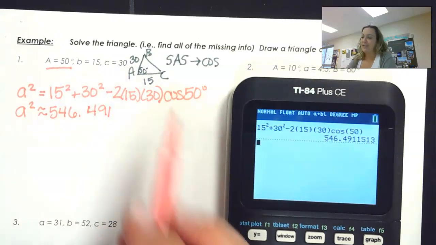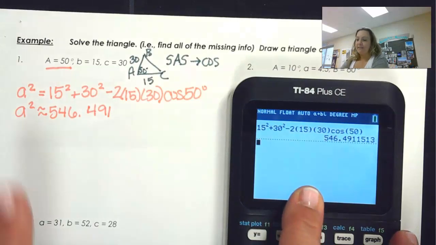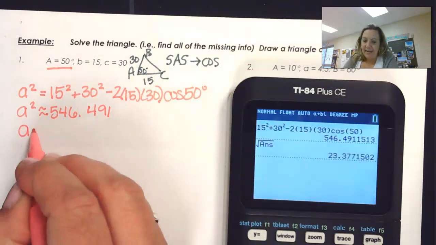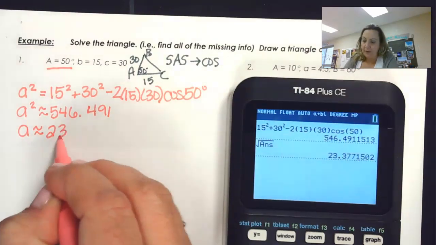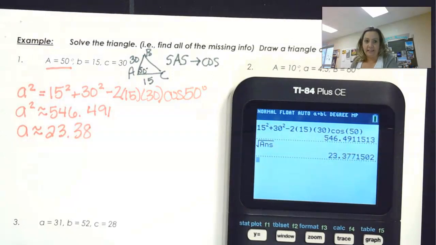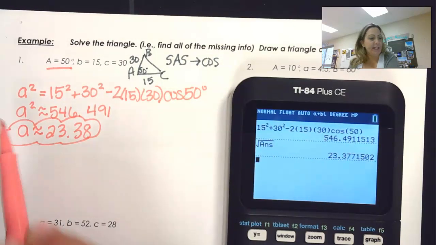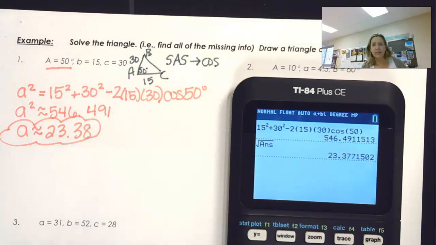I'm going to use the number that's in the calculator to find a, and I'm going to need to take the square root of that particular answer. And I find that a is going to be 23.38. I guess I'm rounding these to the nearest hundredth. Sides I usually round to the nearest hundredth, angles to the nearest tenth of a degree.